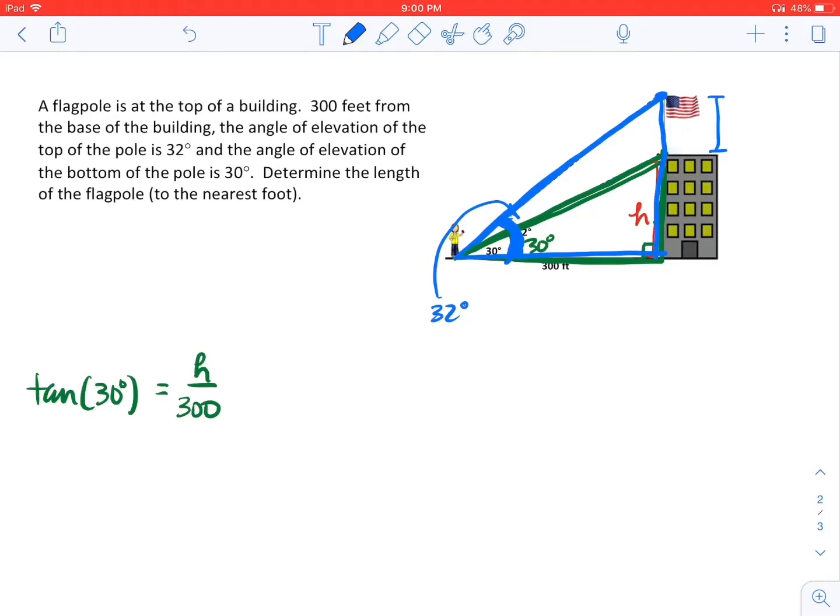If that's the case, I can call the entire height, the height of the flagpole and the building, I'll just call it a capital H. It doesn't matter what variable you call it, as long as you call it a variable for the intents and purposes of solving. And set up the same ratio that from this 32-degree angle, the opposite side would be the capital H, that the tangent of 32 degrees is capital H, the height of both of them, divided by the adjacent, the 300.